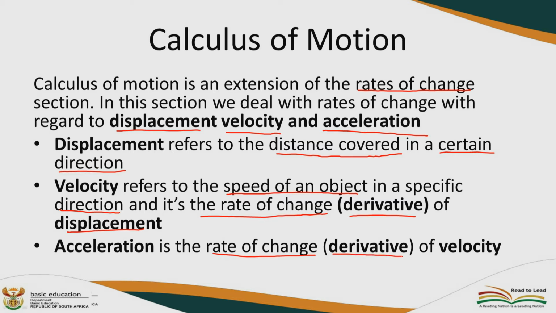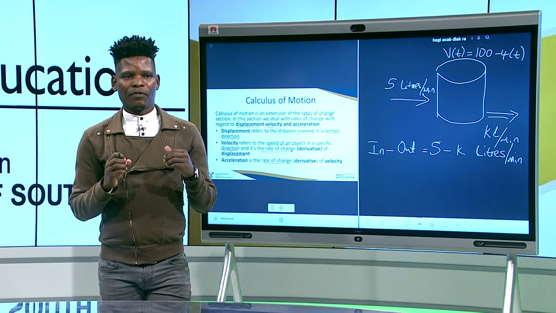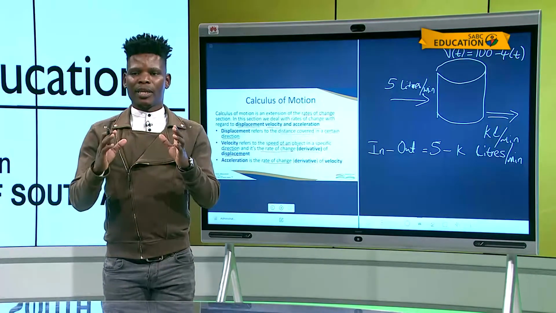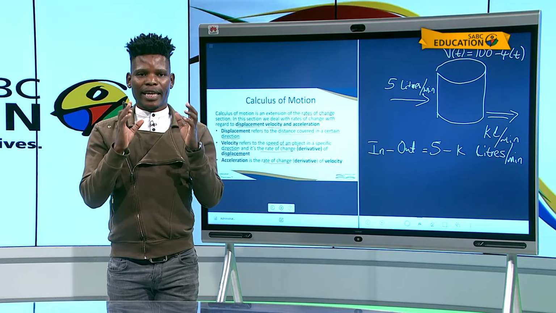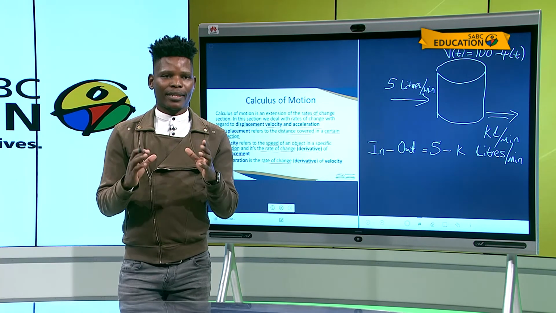So what that means is that acceleration is the derivative of velocity. Again, it means that if we have an expression for velocity, you can find the derivative of that expression, and that will give you an expression for acceleration.